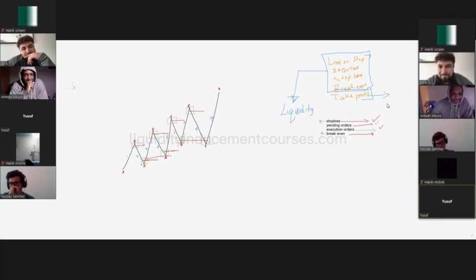So the first type of liquidity that I identified is the transactional liquidity.